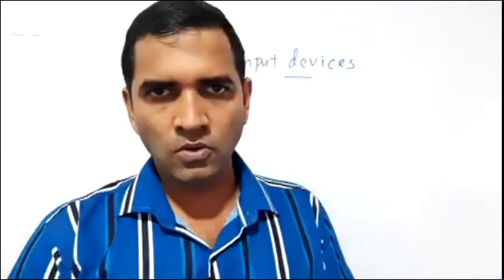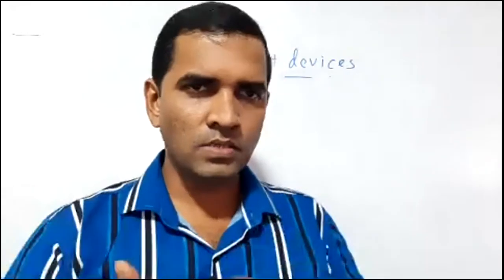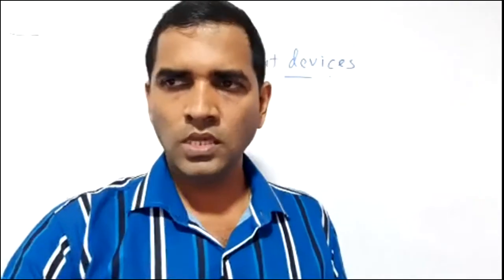See, if you are typing something on a keyboard, it means you are sending data to the computer. Every time you press a key, the letters and numbers and symbols will be sent to the computer. So through the keyboard, we are able to send data to the computer. But think about another instance.